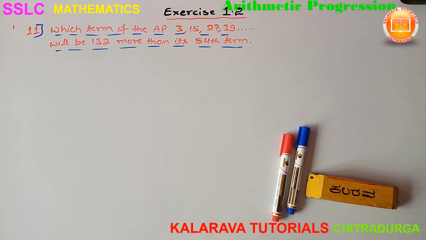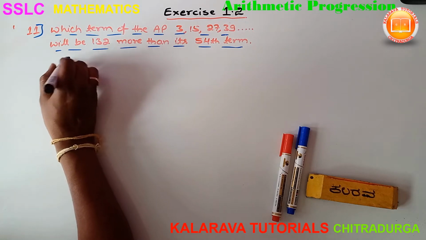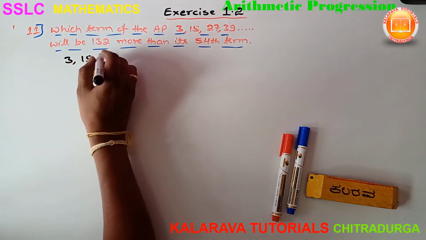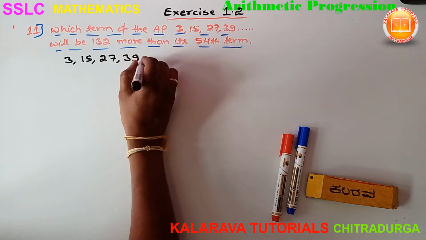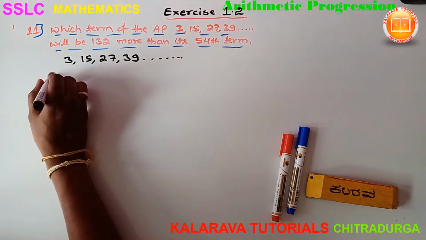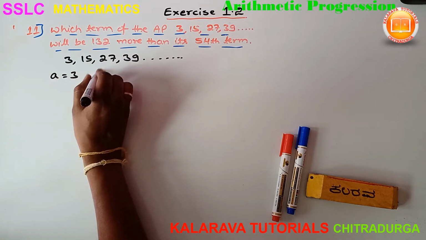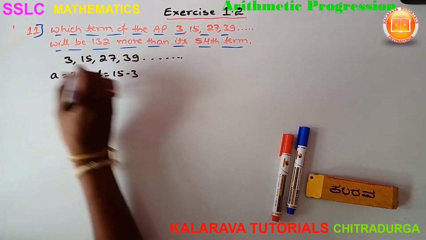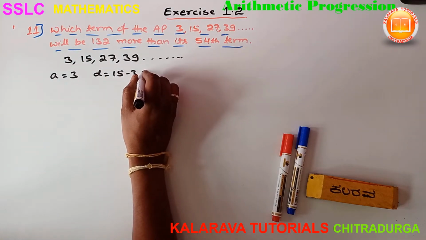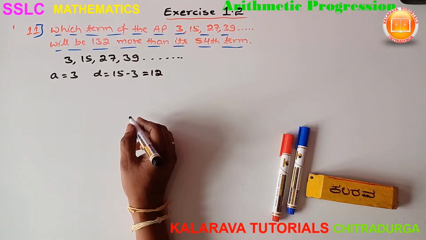Then we have to write the 54th term. So now here the AP is 3, 15, 27, 39 and so on. Here A is equal to 3 and D is equal to, so we have to subtract the first term from the second term. 15 minus 3, that is equal to 12. So D is equal to 12.